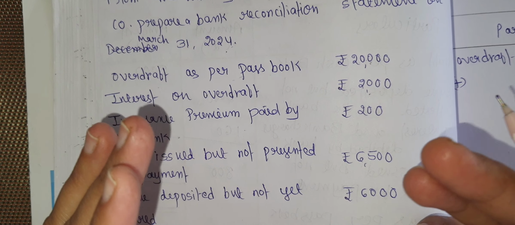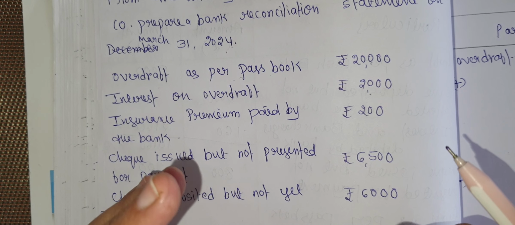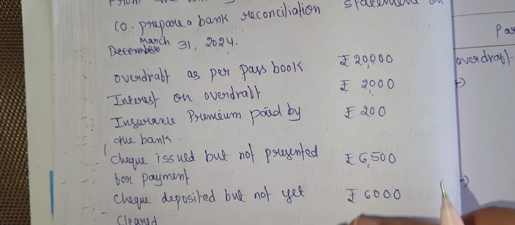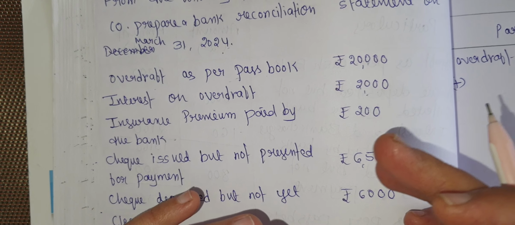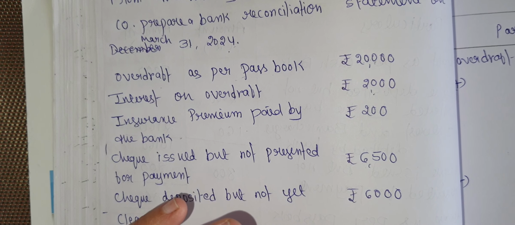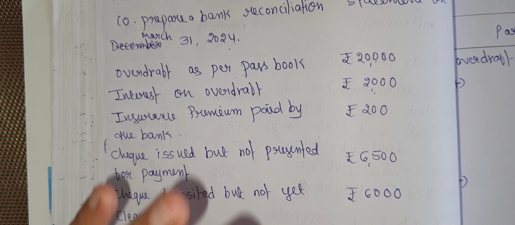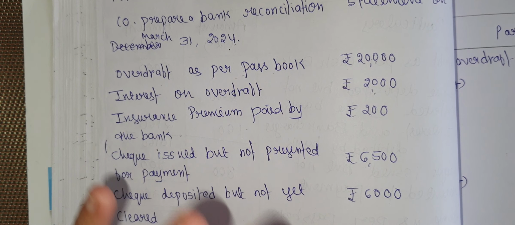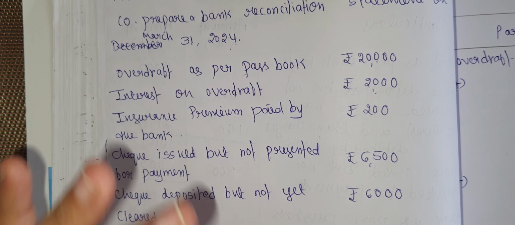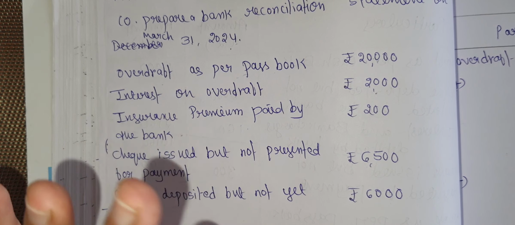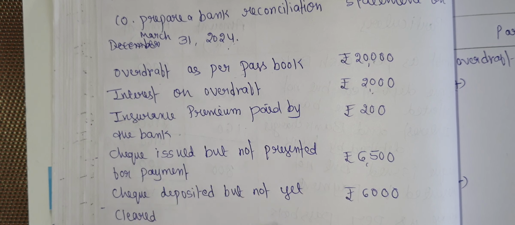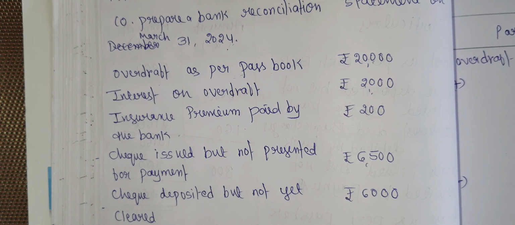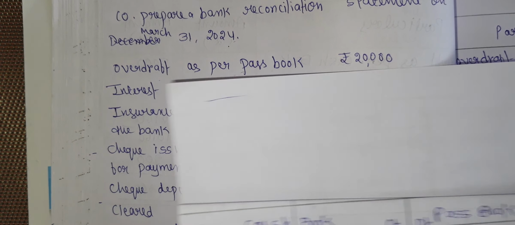It means what? It will appear on which side of the passbook? So it will appear on the debit side because it is a charge imposed by the bank. This is because from the bank's perspective, the customer's account is being debited, reducing the available balance.